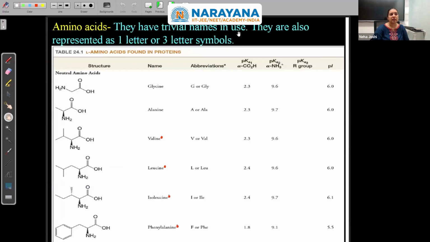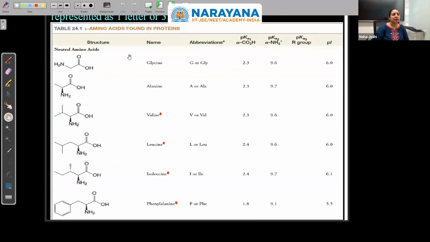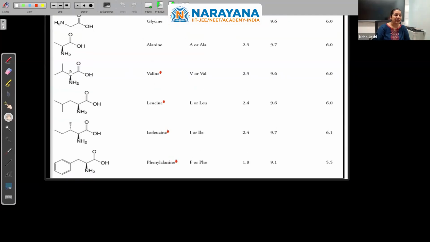Yes, and these are all the amino acids. They have trivial names in use. They are also represented as one letter or three letter symbols, like glycine, G or GLY, alanine, A or ALA, valine, with an isopropyl group, leucine, isobutyl, isoleucine, secondary butyl, phenylalanine.